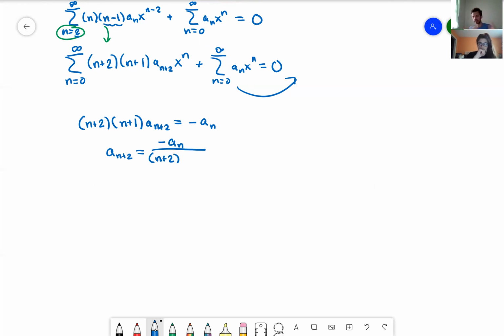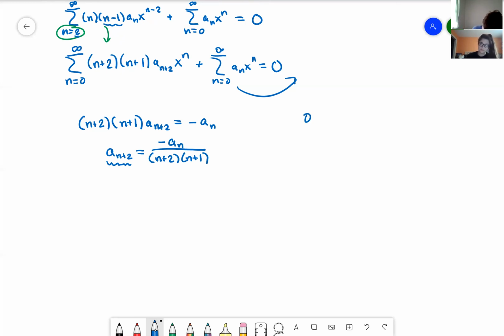The way I'm going to think about it is that I'm going to have some initial a n's. And then once I have those initial ones, I want to be able to move on to the next one. So I want to be able to iterate those sequence of coefficients. So I'm going to say this is the next one, and I'm going to write it in terms of the previous one. This is the thing I want, so that's what I'm going to get by itself. I'm going to rewrite it like this. Now, we don't know what the first term is, but if we knew a term, we would be able to get the one two up from it.